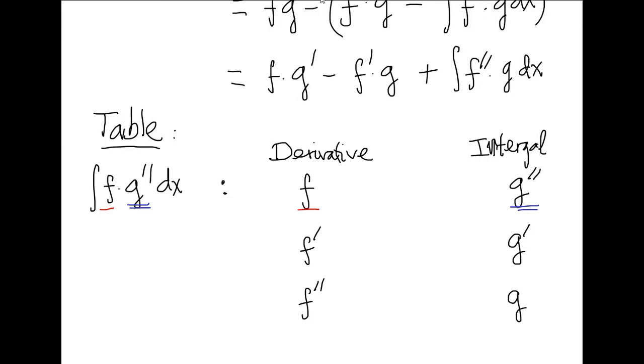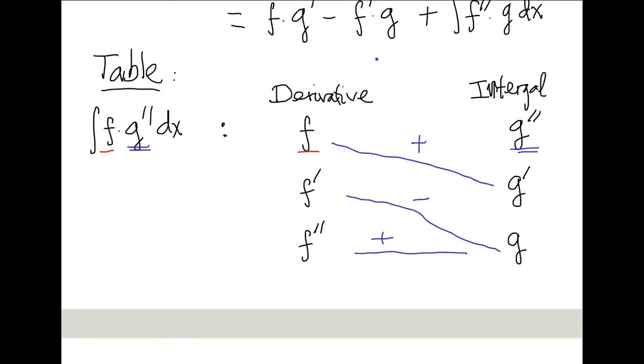And then the formula above reads like this: f times g prime, meaning that we connect this diagonally, we multiply f and g prime. And then the next one is f prime g, so we connect that. The last one, we need to do horizontal: f double prime g, and the sign, this is a plus sign for us, and then minus, and then plus. So it's alternating.